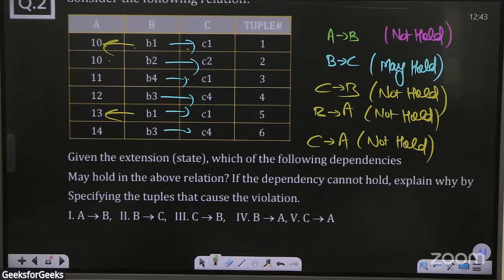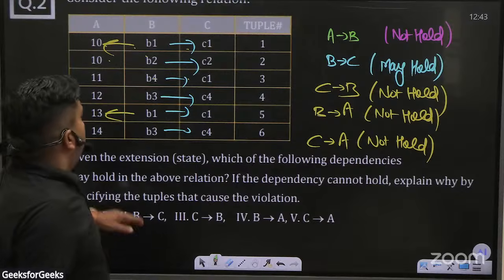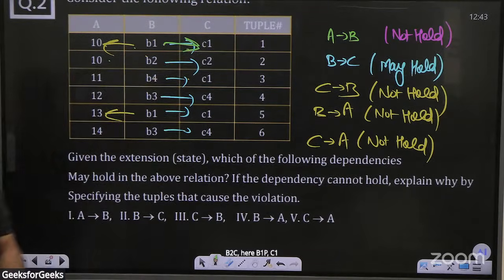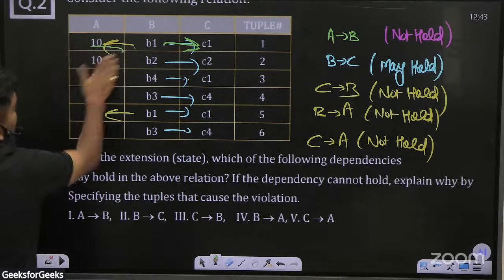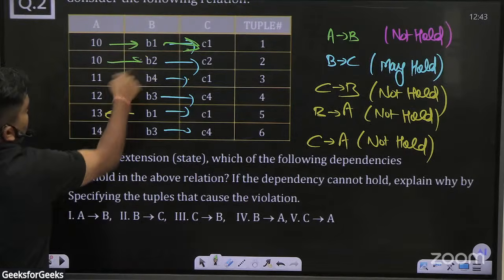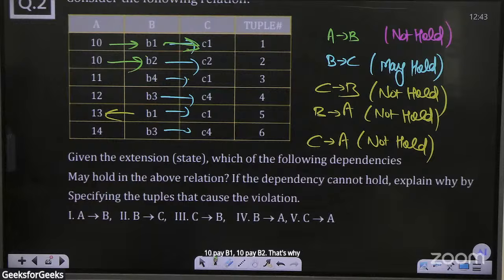Yes, this one. B to C, here B1 pe C1. A to B, 10 pe B1, 10 pe B2. That's why it does not hold.